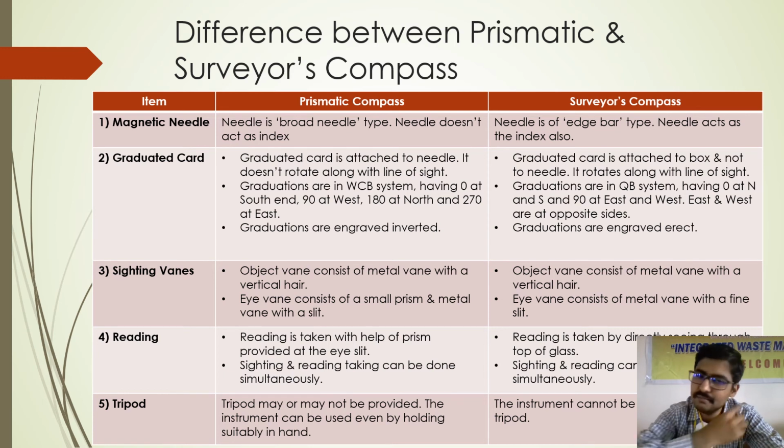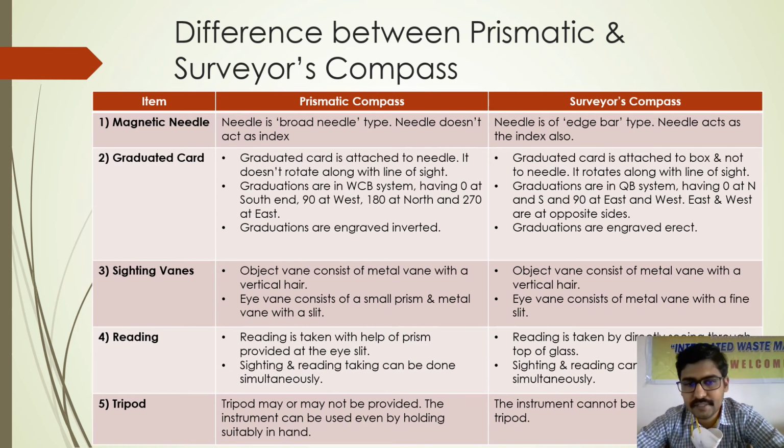Whereas in prismatic compass it is attached to the graduated circle, and graduated card is nothing but the graduated circle. So in prismatic compass, the graduated circle is attached to the magnetic needle and it is not free to rotate along with the line of sight.